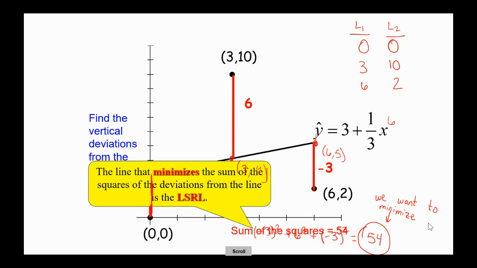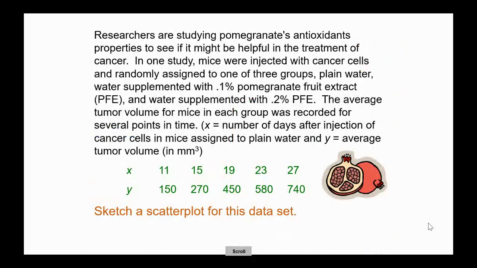Let's look at an example. I'm not going to read the whole example. You can skim it right quick if you want to. But the gist is we're taking mice, injecting them with cancer, and then treating them. So that's going to be an experiment.